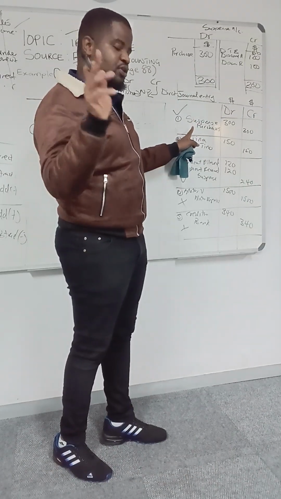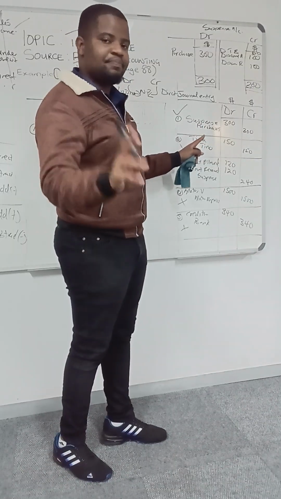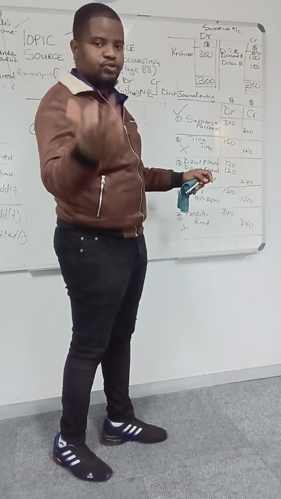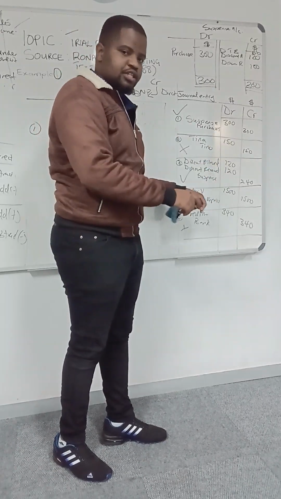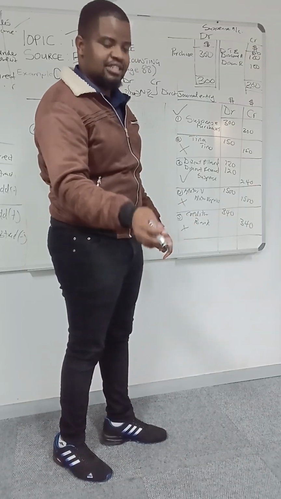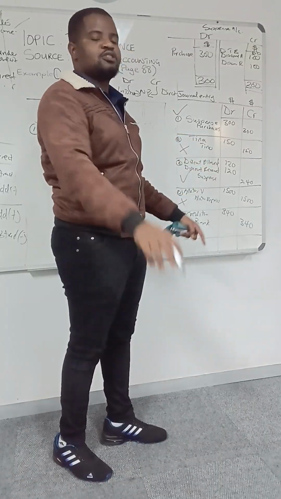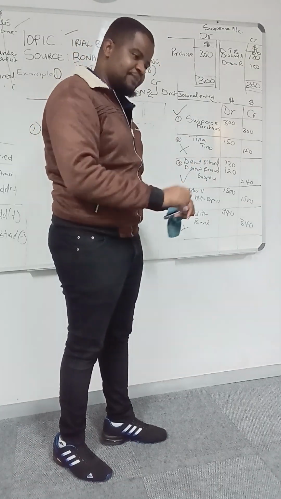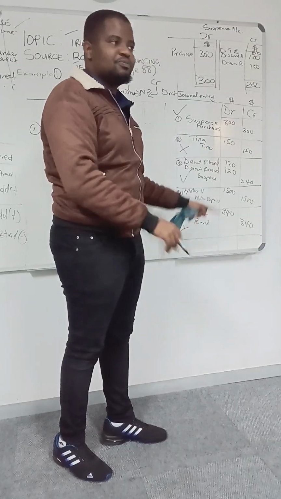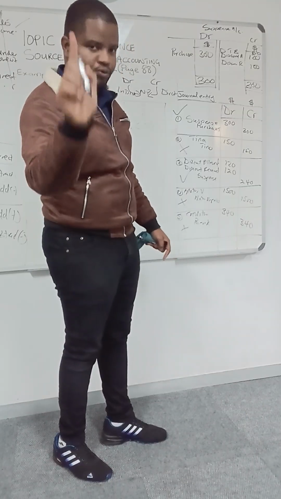If you go back to the original transaction, you're going to see purchases were overstated. So when you see a debit item, let me re-explain, in the journal entry, when you see it on the credit side, it means it was overstated. But when you see it on the debit side, it means it was understated. A debit item, if it's on the debit side in the journal entry, means it was understated. But if it's on the opposite side, the credit side, it means it was overstated.